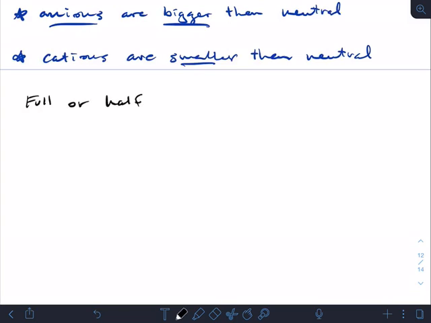So full or half full subshells are particularly stable.